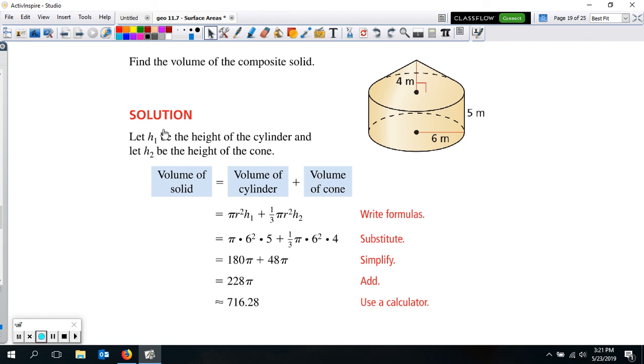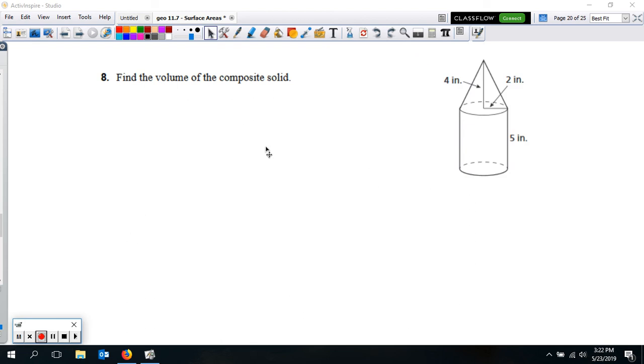Alright, let's go ahead and try problem number 8. Our problem is very similar to the other one, just a little narrower or thinner shape. We still have a cone on the top and a cylinder on the bottom, so we're still going to find the volume of this composite solid by adding the cylinder's volume plus the cone's volume. For the cylinder, volume is base area times height.